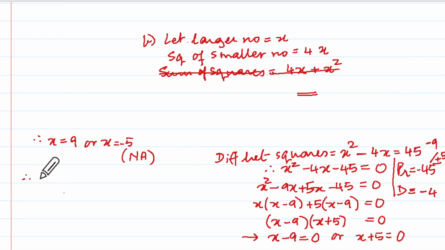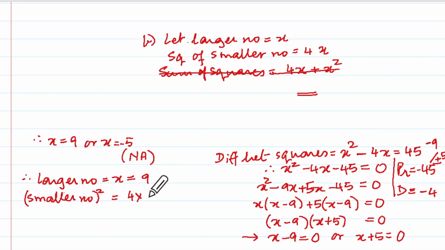Therefore larger number equal to x equal to 9. Okay, and therefore now you are saying smaller number, the smaller number square is equal to 4 times larger number, correct?